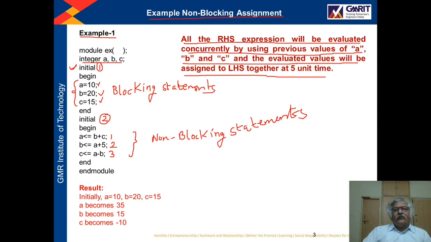Okay, this is not 5 unit time. Here we have not used any time delay, so I will use it in the next example. By mistake it is written for example number 2, so this is not right. So here you just see what will happen.